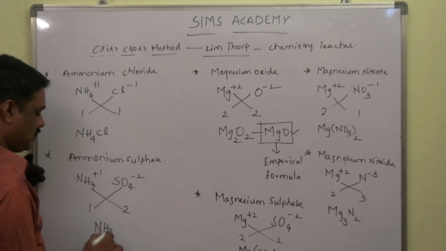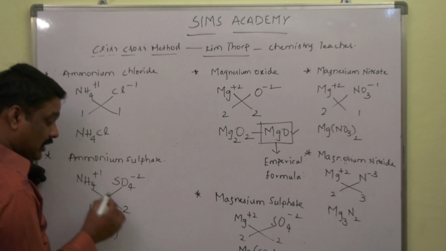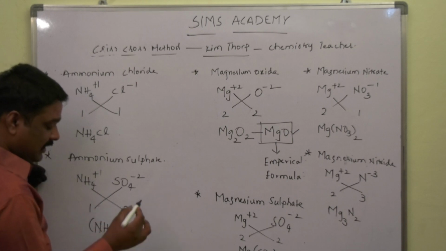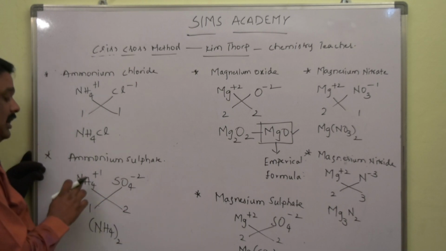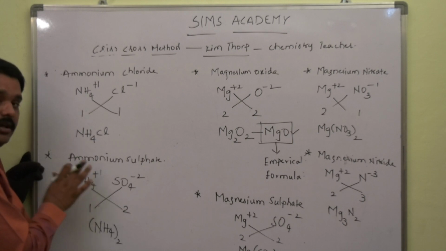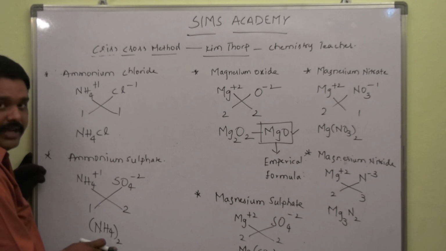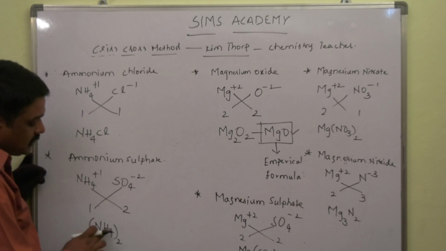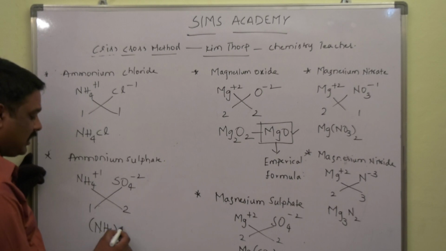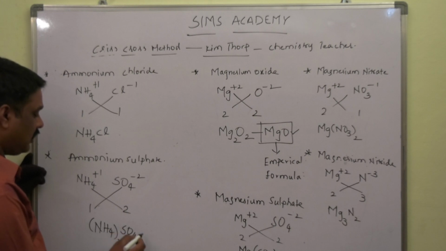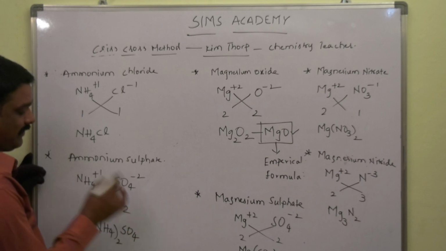Here NH4, we should write it as this 4 is different and this 2 is different. NH4 plus is a separate radical, it is being taken twice. Hence NH4 taken twice, sulfate SO4 only one time.